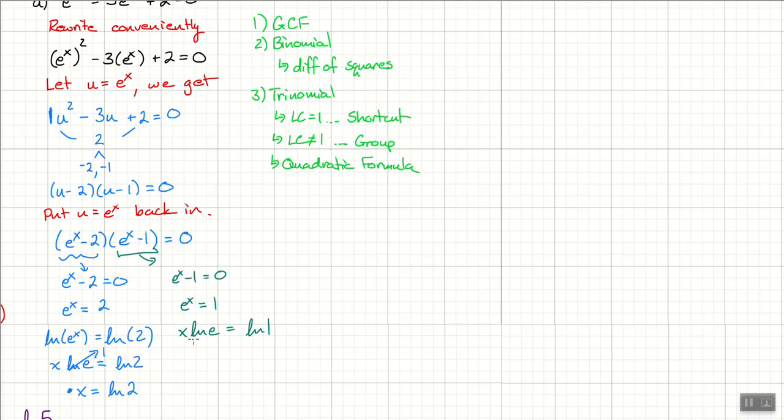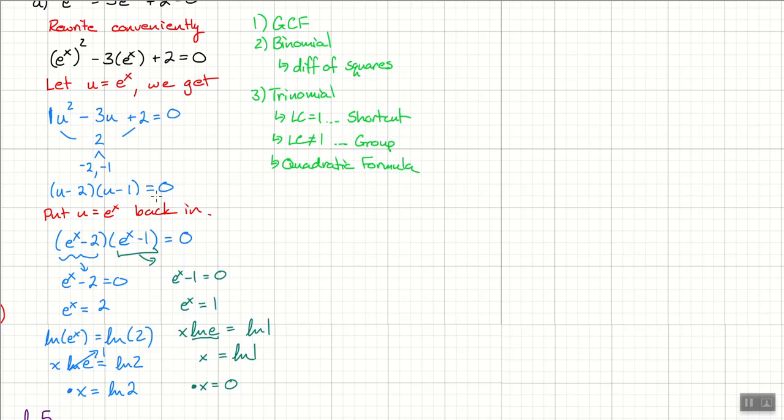This natural log of e here, once again, just goes to 1, equals the natural log of 1. And if you want to stop here, you can, but remember, e to the 0 is what equals 1 as our argument, which means we get x equals 0 as our second solution. And we have two separate solutions. We can check them, we can verify that they're good.